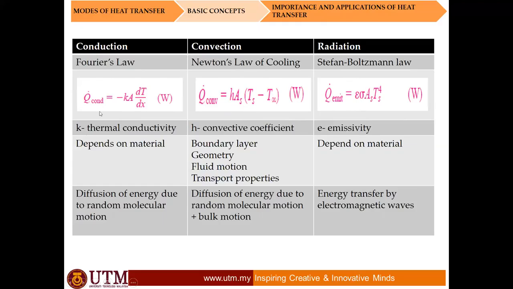The most important parameter that governs the rate of heat transfer for Fourier's law is k, the thermal conductivity of the material. For convection it is h, the convective coefficient. For radiation it is the emissivity of the material. You can read this from your textbook in detail. This is just a summary of it.